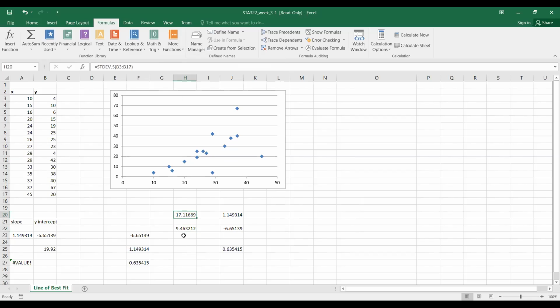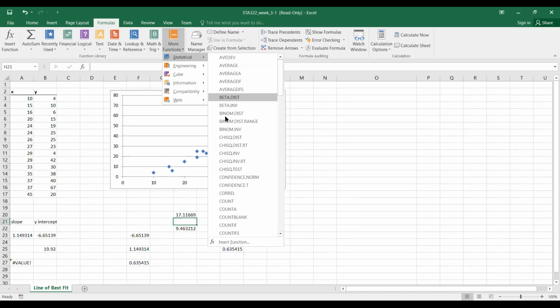So if we wanted to know what the coefficient of variation was between these two, we would calculate the mean. So let's calculate the mean of Y. And again, this is the average. Remember that Excel uses average instead of mean. It's the arithmetic mean.